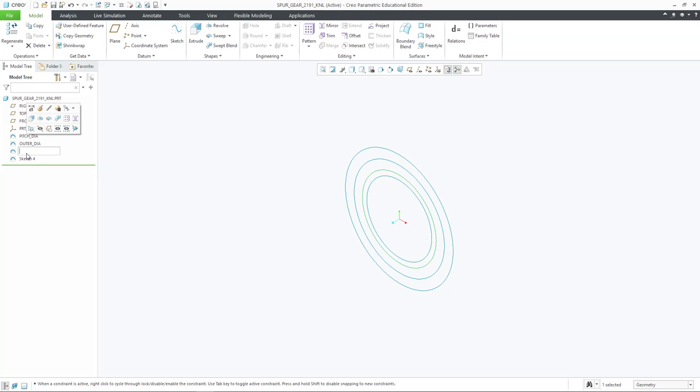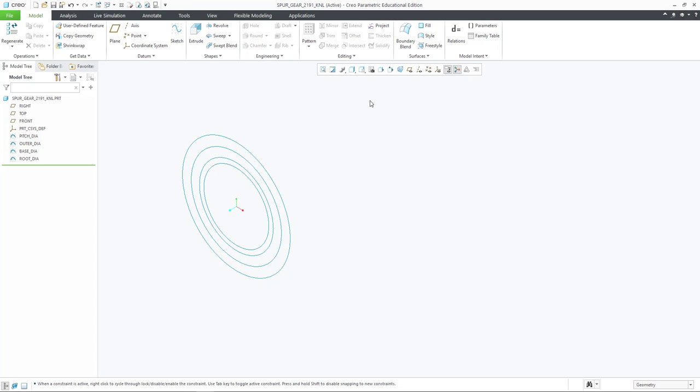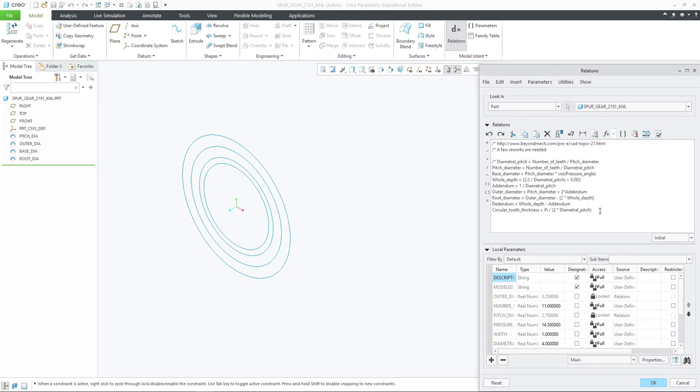Third one is called the base diameter, and the fourth one is the root diameter. All right, so let's shift that over, bring in our relations, and set some circle dimensions. Okay, so the first one's the pitch diameter.